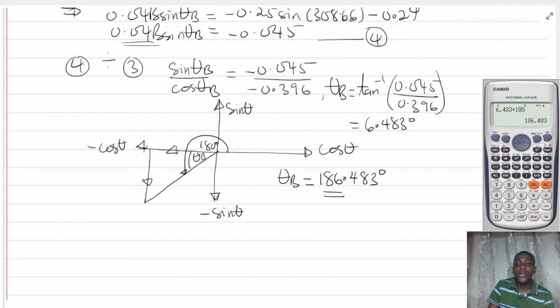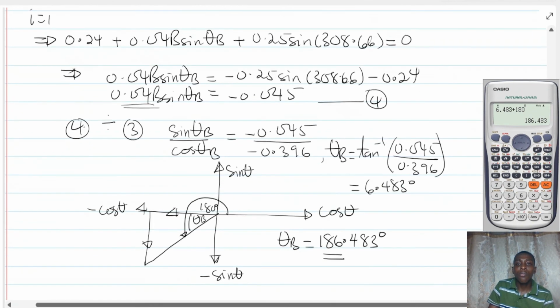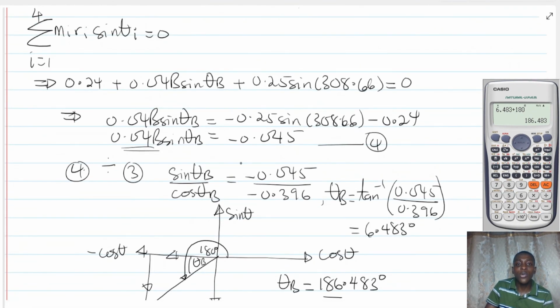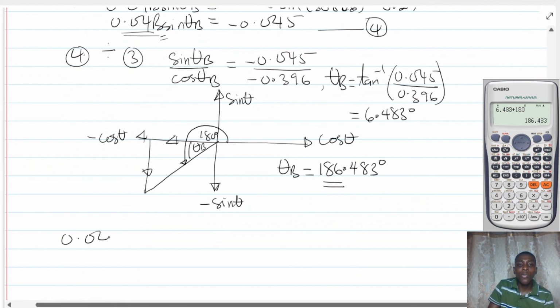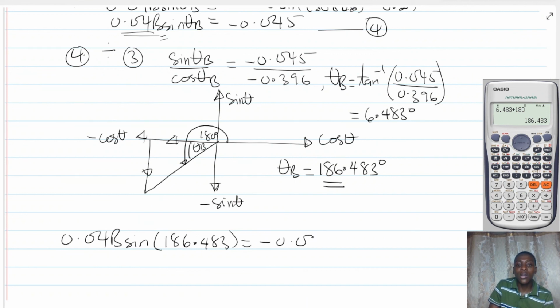So in fact, we've been able to solve most of the problem now. We need only b, the magnitude of the mass b. Having gotten theta b, let's take equation 4: 0.04b sine theta b, with theta b as 186.483, should be equal to minus 0.045.